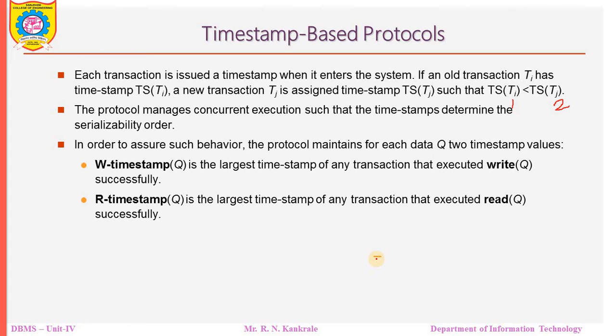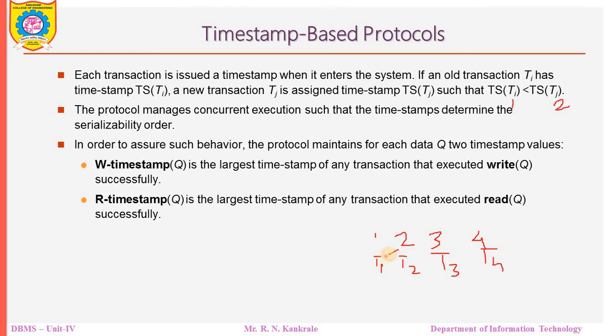The system will keep a timer or manage a counter to assign the timestamp to each transaction. Here we have 4 examples: T1, T2, T3, T4. The timestamp of T1 is 1, of T2 is 2, T3 is 3, T4 is 4.